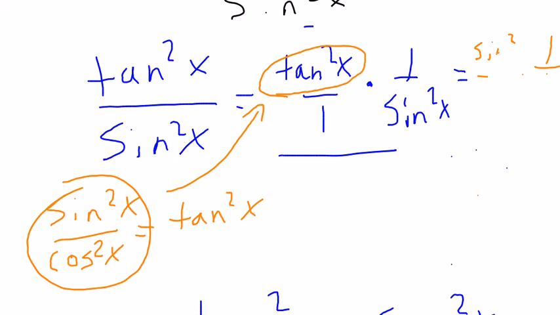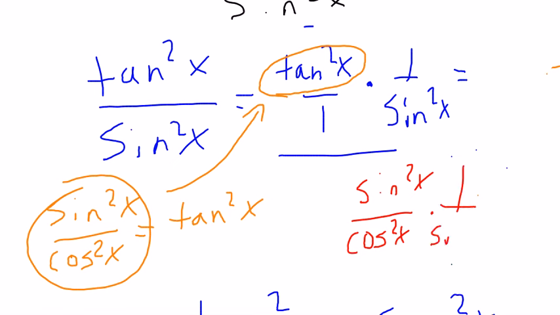I ran out of room. I'll just write it below, right here. Okay, so sine squared over cosine squared times 1 over sine squared. What does that equal? Well, the sine squareds cancel, so I'm left with 1 over cosine squared.